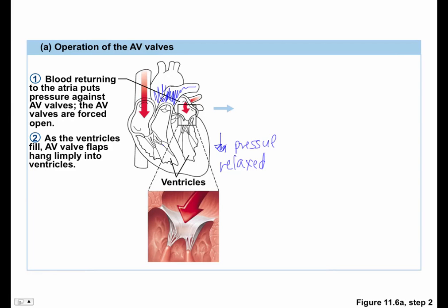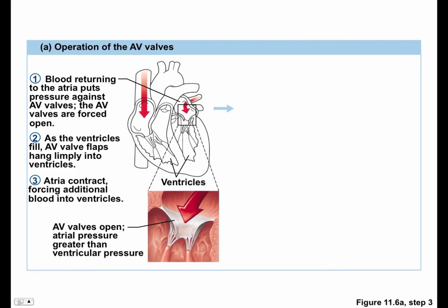And because of that, all this blood coming from our body and from our lungs is going to passively fill from our atria into our ventricles. And because our ventricles are relaxed, all these chordae tendineae are also going to be relaxed. So here we see this passive filling from the atria to our ventricles, and here are those chordae tendineae.